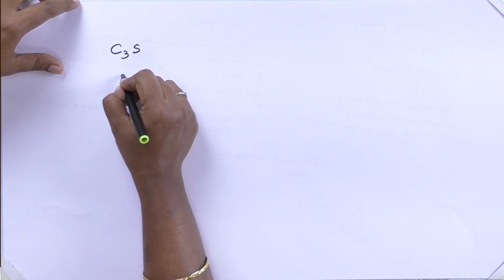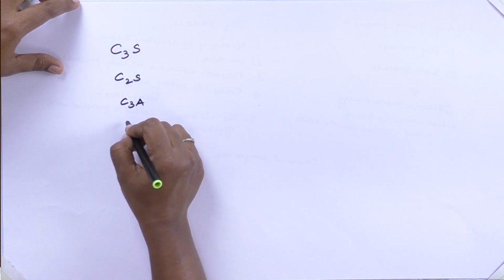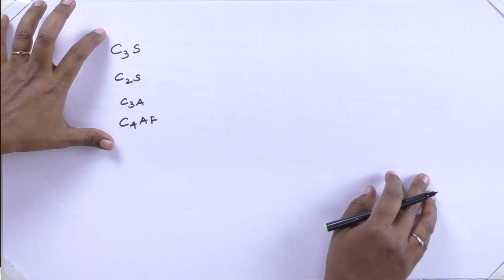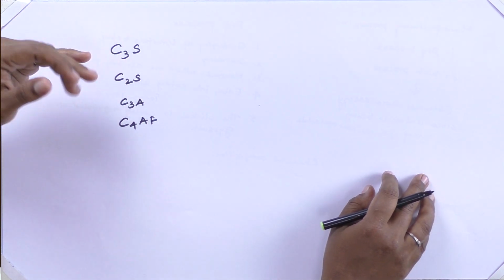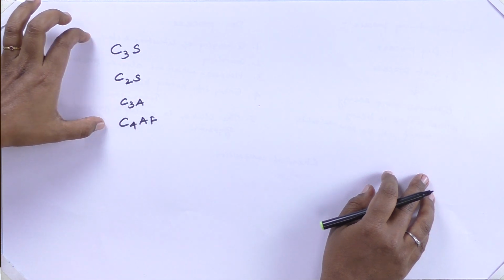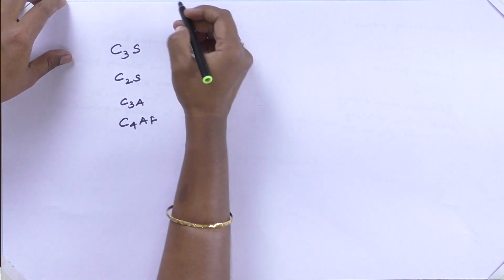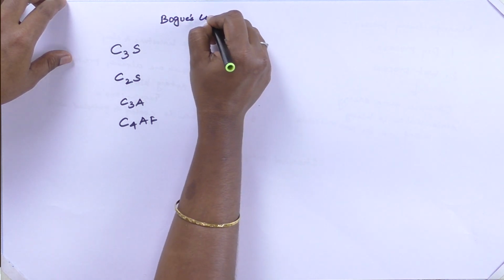Now let's see how these oxides combine to form compounds: C3S, C2S, C3A, C4AF. These are the final end compounds when the oxides are combined in the rotary kiln, and these four compounds are collectively called Bogue compounds.